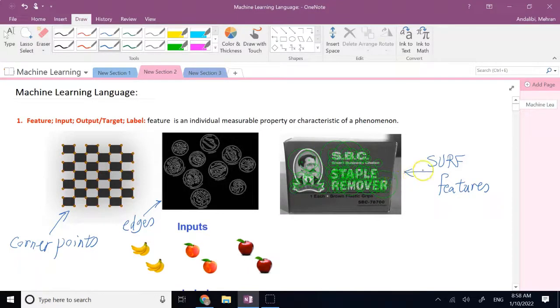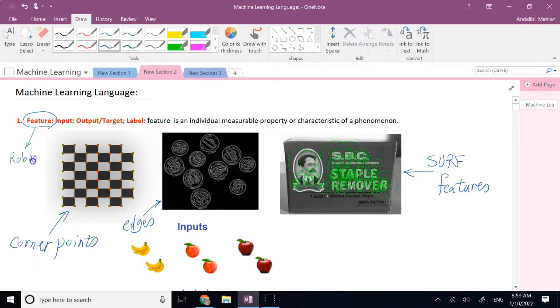SURF stands for speeded up robust features. One of the most important things for many of the features that you use in computer vision or machine learning is that these features are robust.